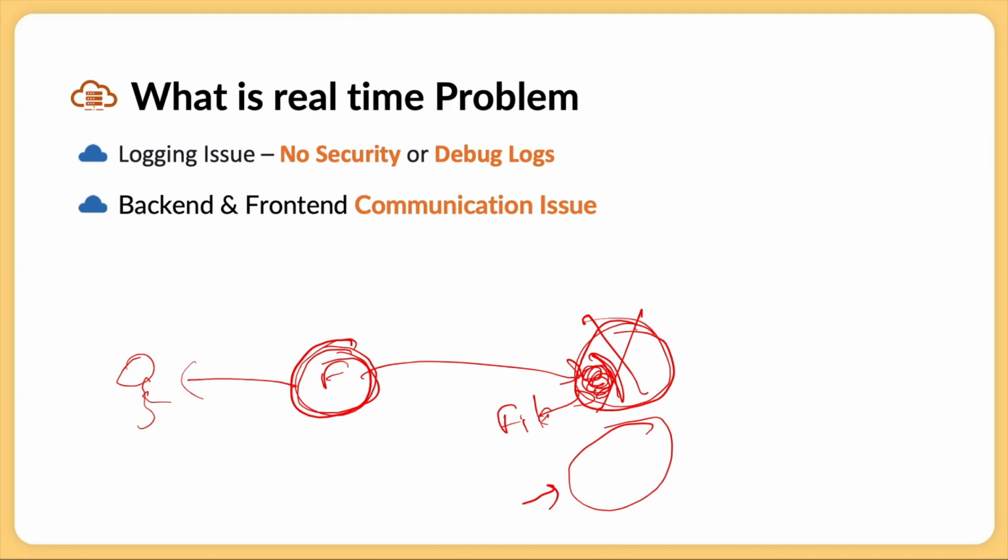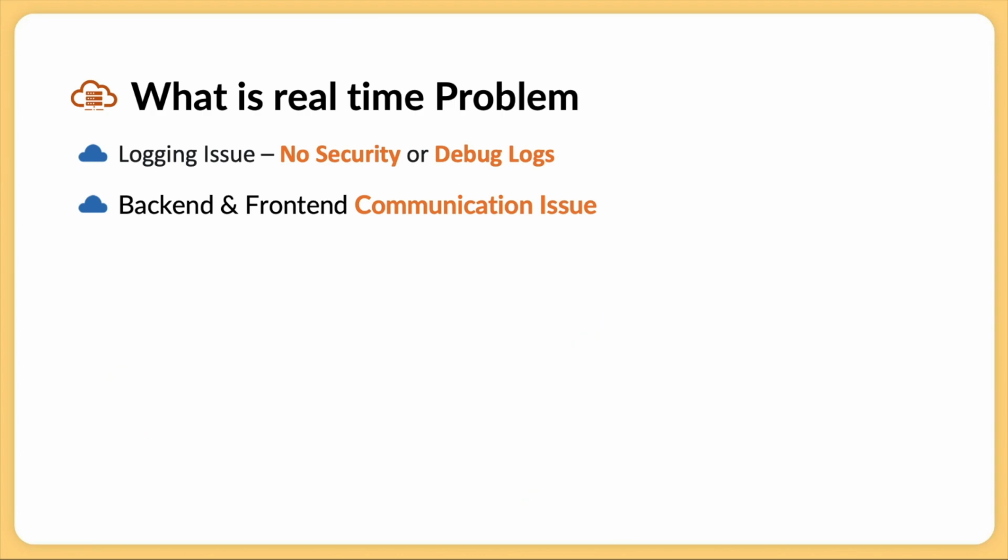So if your application is designed in such a way that one component produces data and another component accesses it, then if the container crashes, we cannot access this data. This is the second real-time problem.